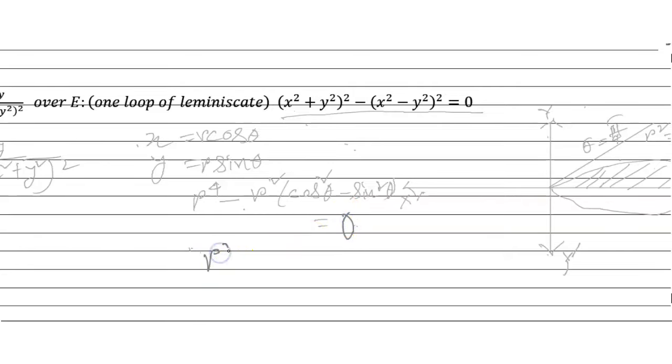So whatever I get, r square is equal to cos 2 theta.